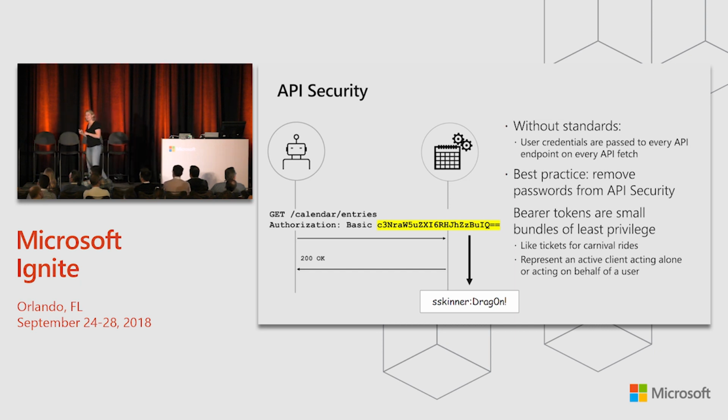The idea behind this is you take the user's primary credentials, their username and their password, and you concatenate them with a colon in between, and then you base64 encode them, and then you send them on every single page fetch. So every time you call an API, your user's primary credentials are embedded in that call, thousands of times.